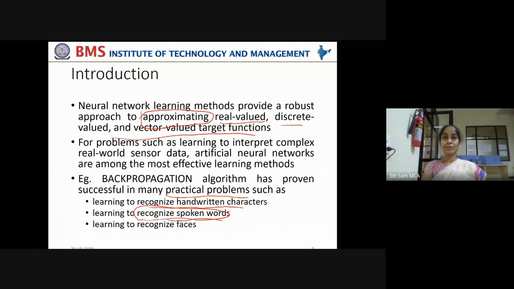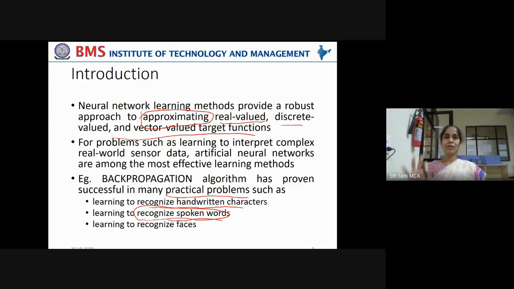And learning to recognize faces. This is the most complex task that is being performed by artificial neural networks with a good amount of accuracy. Say if one person's face is given to be trained on, it will have to detect what are the edges, what are the rounded shapes, what are the places where there is a convex shape on the face, a concave shape on the face, which areas are bulging out, which areas are going inside.